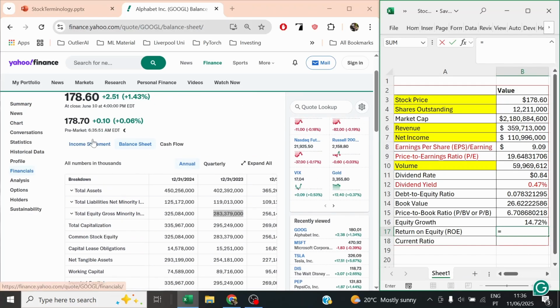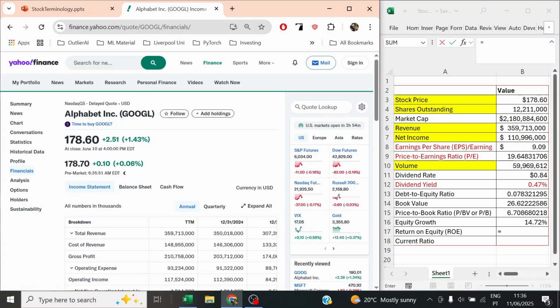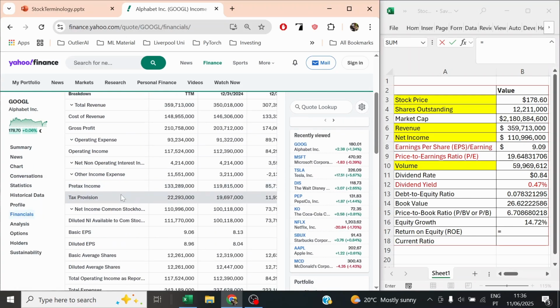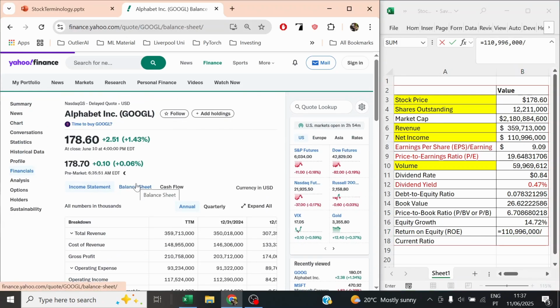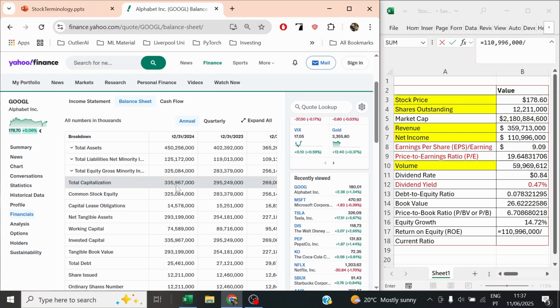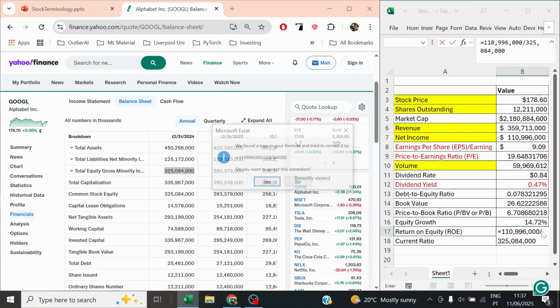No, the net income should be in the income statement, right? So we have the net income we have used before. So it's equal to the net income over the equity, and we've used the equity before as well. Then we have our equity here, and that's your return on what you own in the company.